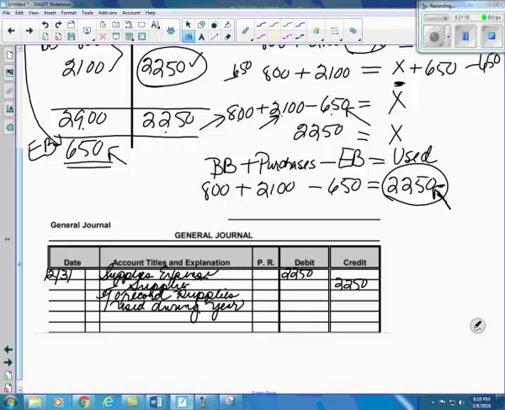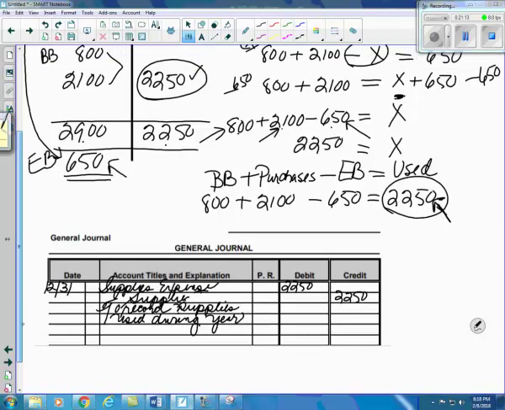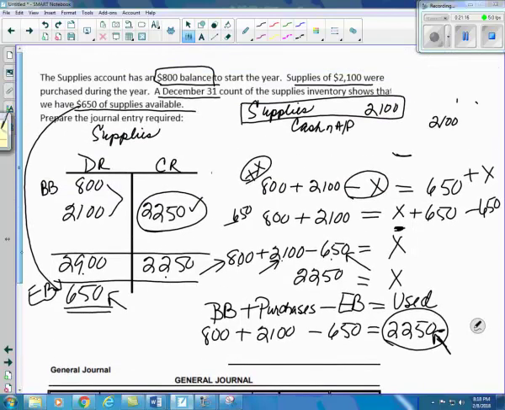And we have now adjusted our supplies account. Before we made this adjustment, our supplies account had a debit balance in it of $2,900. That's not what we wanted it to be. We wanted it to be $650. So in order to get there, we credited it by $22.50.